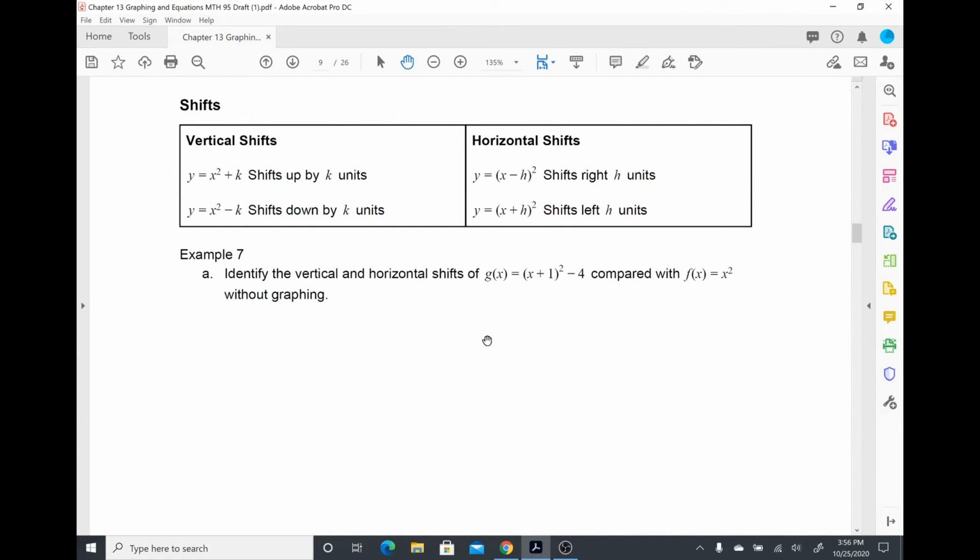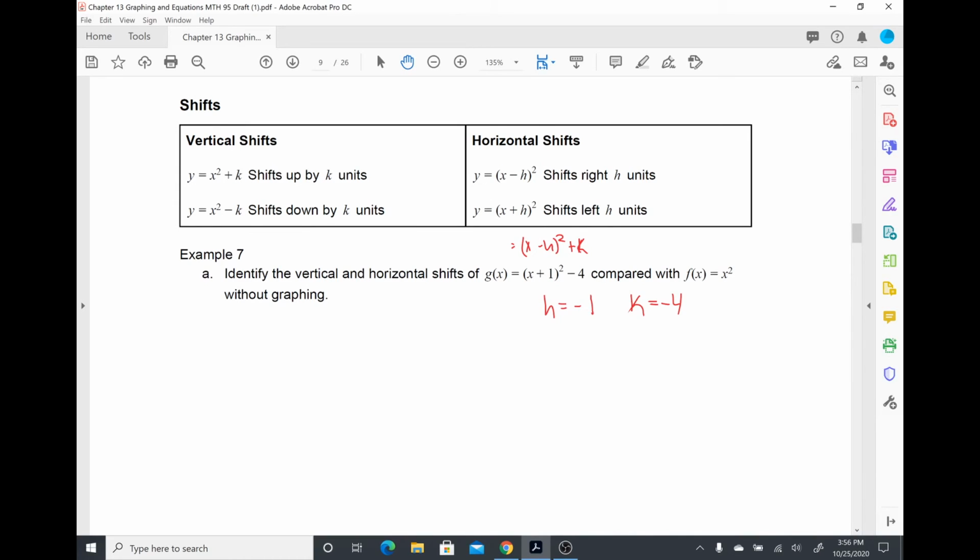Identify the vertical and horizontal shift of g of x. Okay, so what I'm seeing here is that my h term is -1 and my k term is -4. A lot of folks would say that it was +1, but again, the standard form is x minus h squared plus k, so keep that in mind.